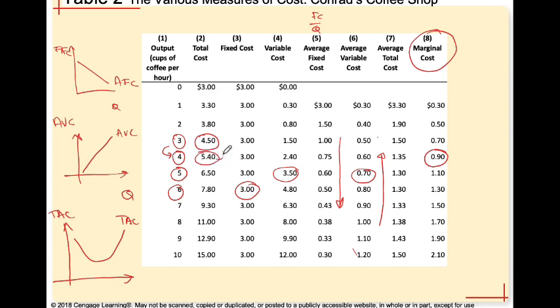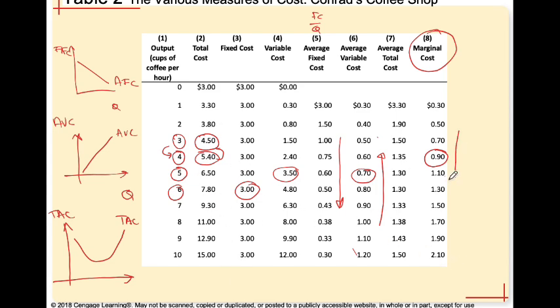If you subtract, you end up with the marginal cost, which is 0.90. Notice that marginal costs are also increasing as the quantity of goods being produced increases.